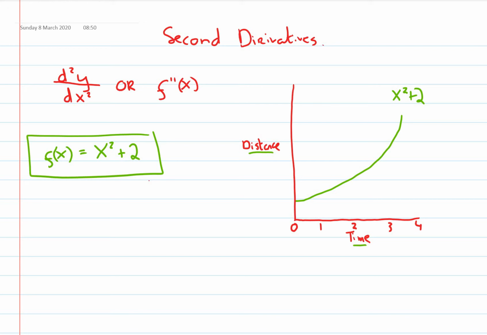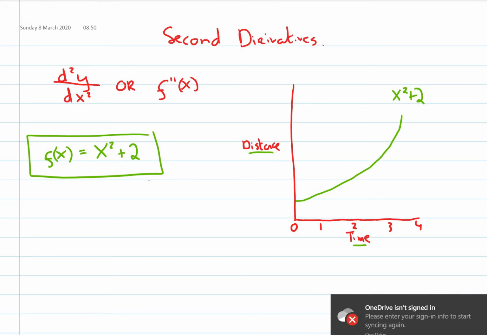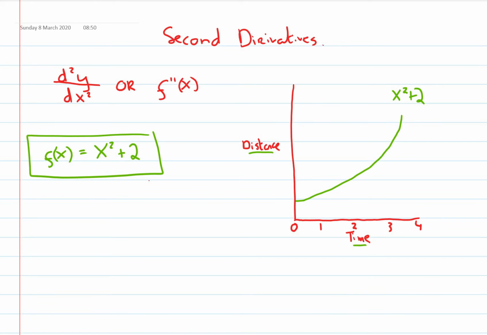So if I want to find out the distance the object has travelled after 1 second, I'll put 1 in for x. I get 1 squared plus 2, and I get back out 3, which if I just draw this line up from 1, I'll get back out 3 here.